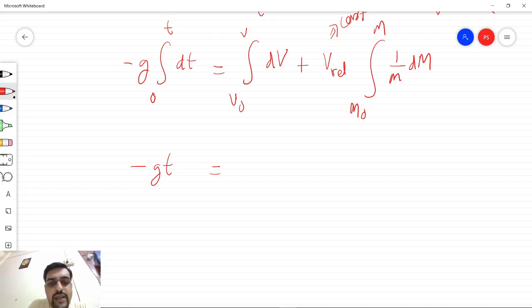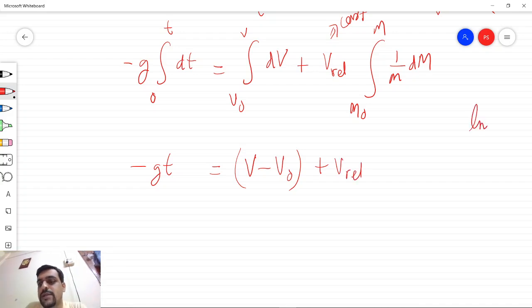When we integrate dv, we get v, so upper limit minus lower limit gives us v minus v0 plus v relative. Now here integration of 1 by m dm gives us log m, and upper limit minus lower limit gives us log of m minus log of m0.